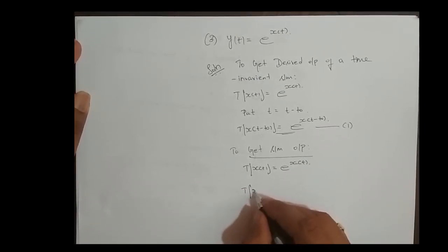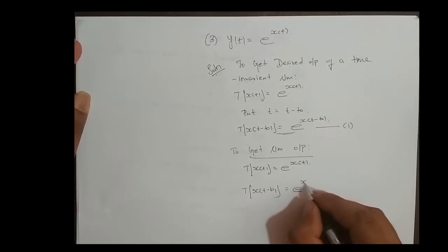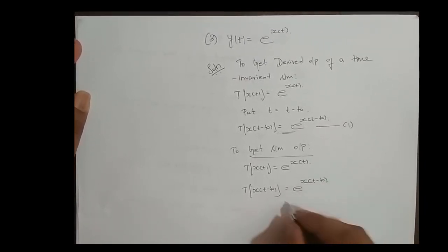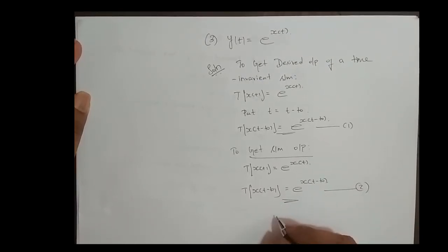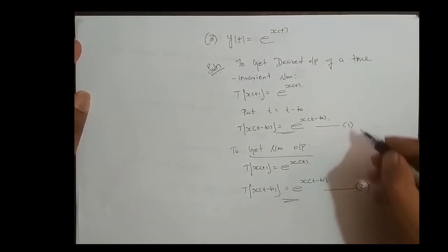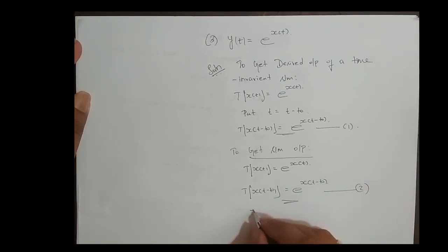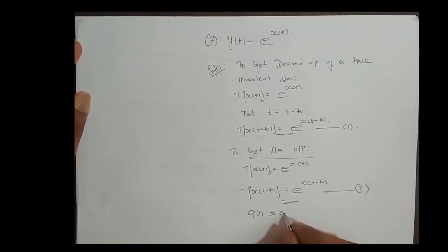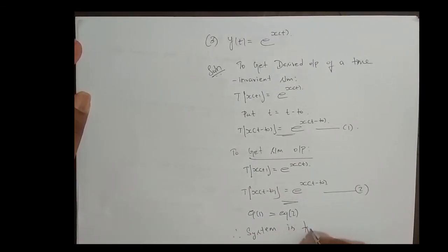So now if I send x of t minus t naught, this input signal goes to exponential of x of t minus t naught. So this is the system output. So equation 1 is equal to equation 2. Therefore the system is time invariant.